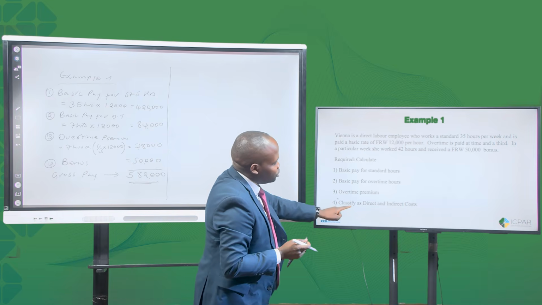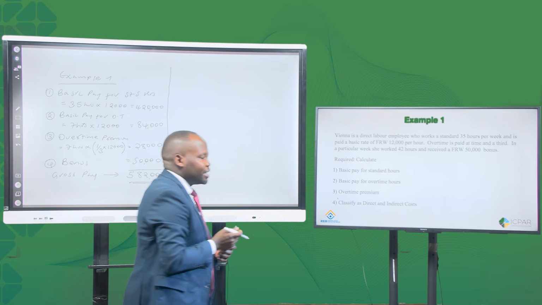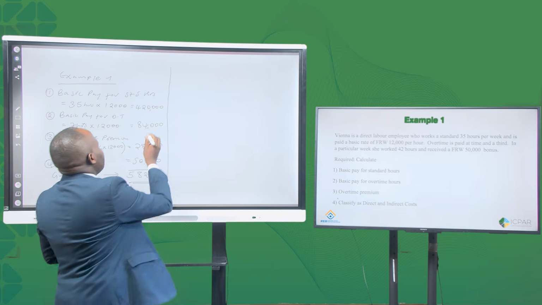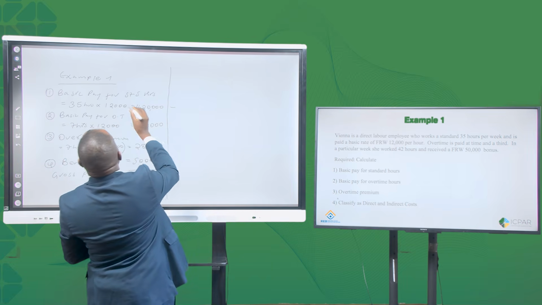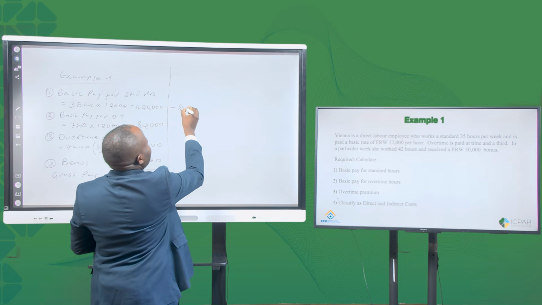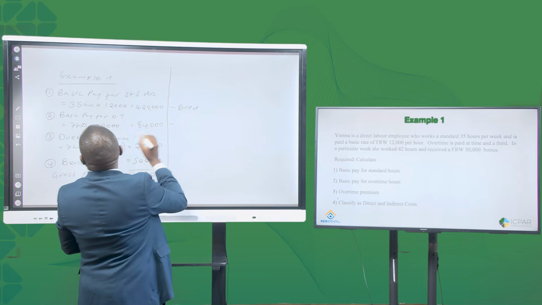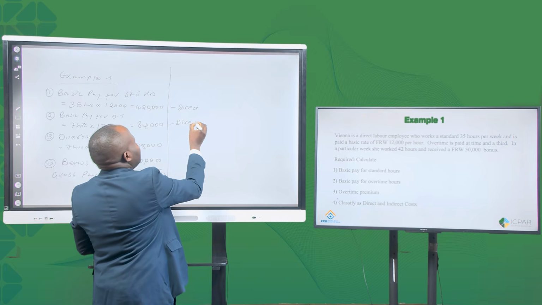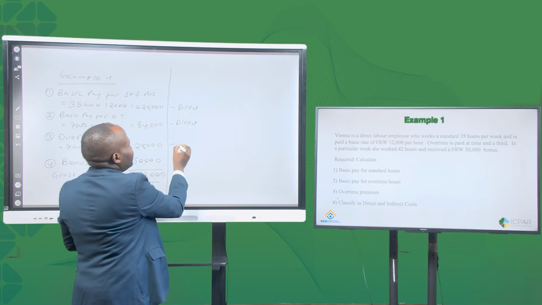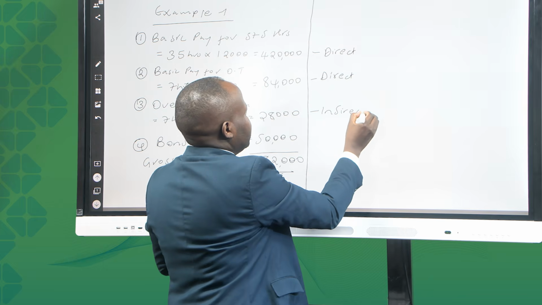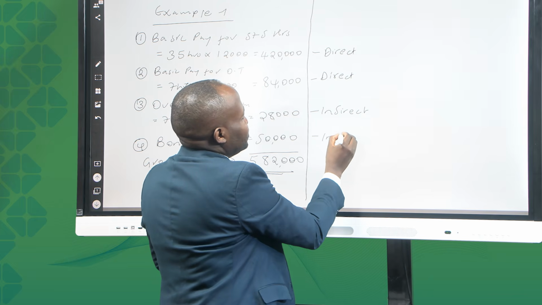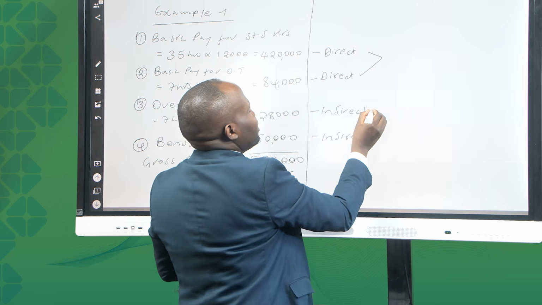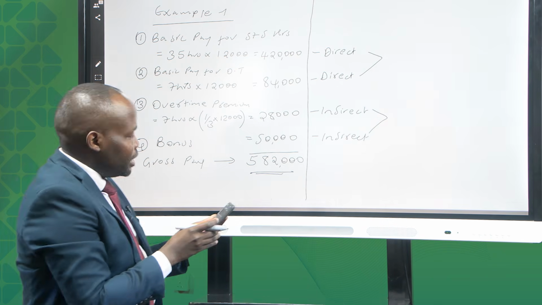But we have also been told to classify as direct and indirect. From our previous explanation, we said that basic pay for standard hours is direct, and basic overtime is direct. The remaining ones are indirect. So what is our total of direct and what is our total of indirect?